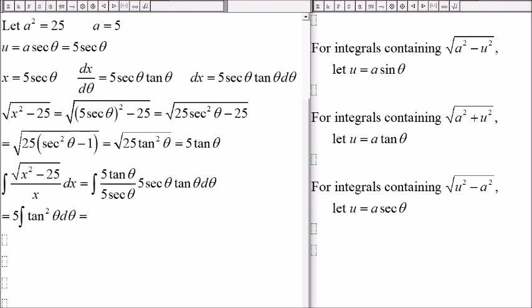And then we can integrate this as follows. So this becomes 5 times the integral of, tangent squared is secant squared minus 1, d theta.